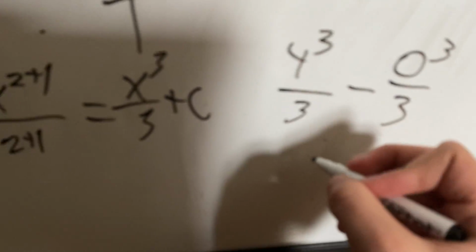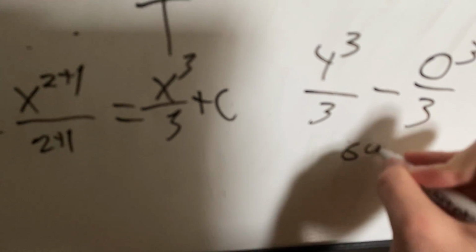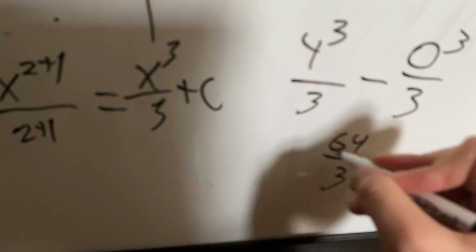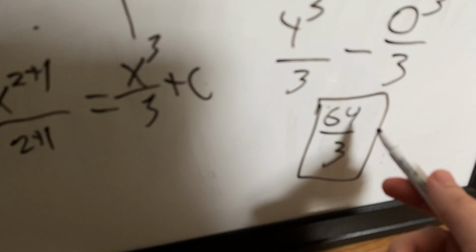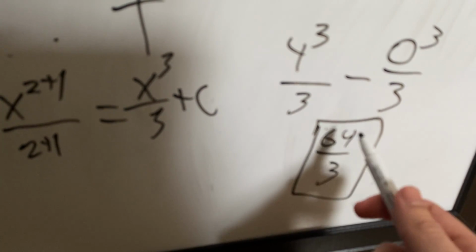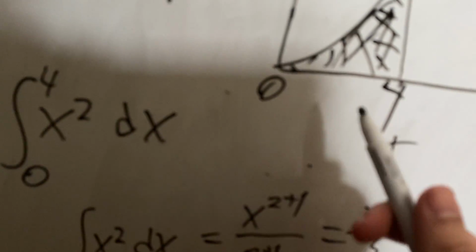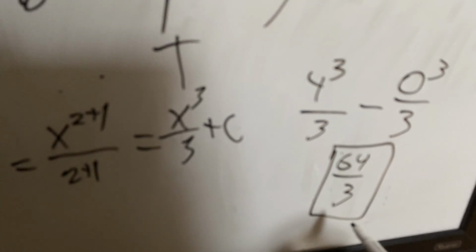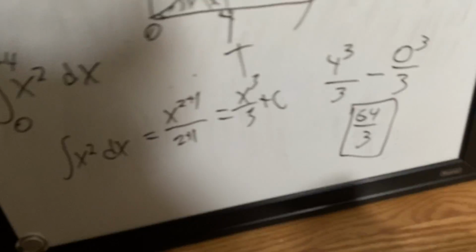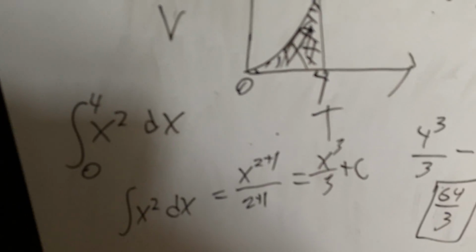0 cubed over 3. And this is simply going to yield 64 over 3. So the approximate area under this curve, the total displacement, is approximately 64 over 3 units. Now, just soak that in for a second.